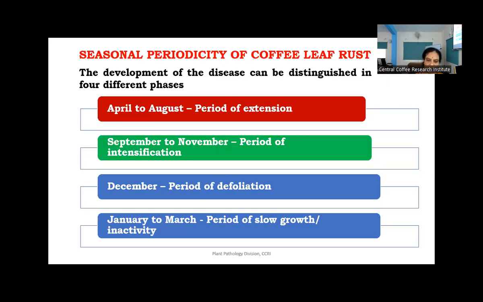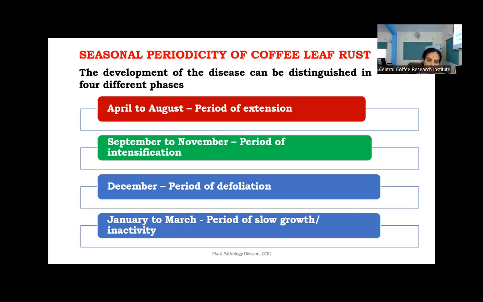These different phases of leaf rust are very, very important to note, because in January to March we experience high temperature, whereas the leaf rust pathogen prefers to germinate and proliferate in the leaf at a temperature of 22 to 24 degrees centigrade, as I said in the previous slides.